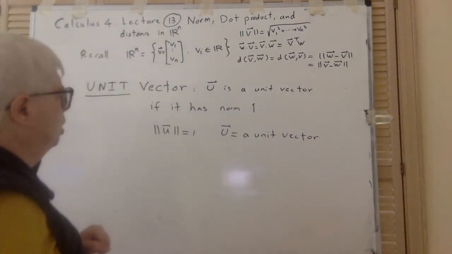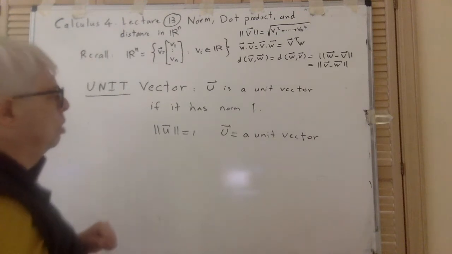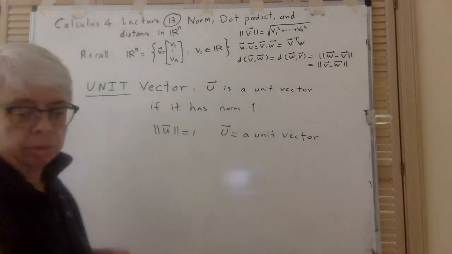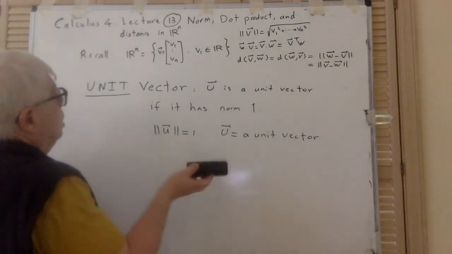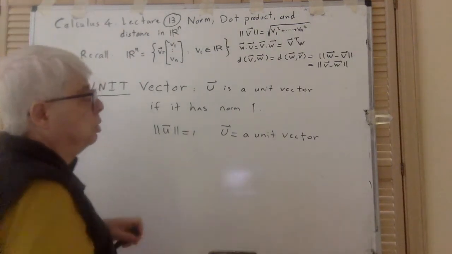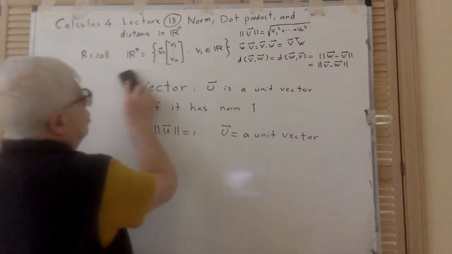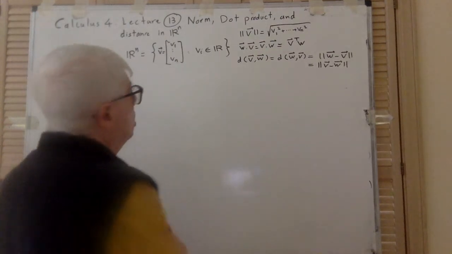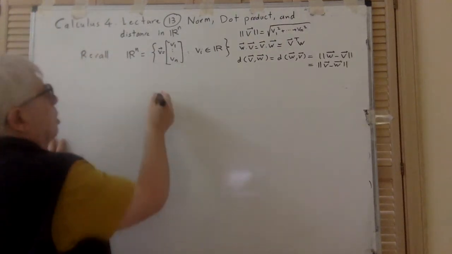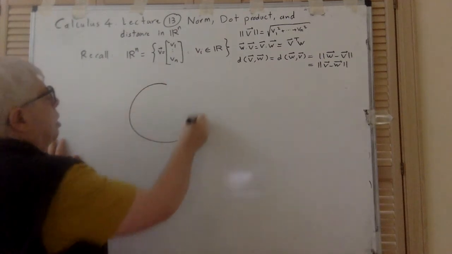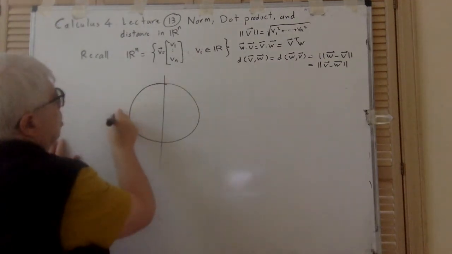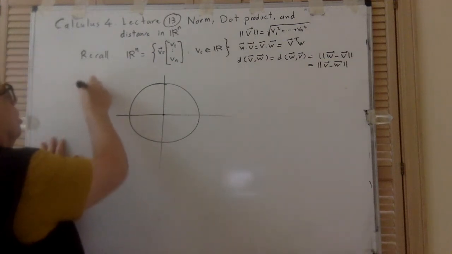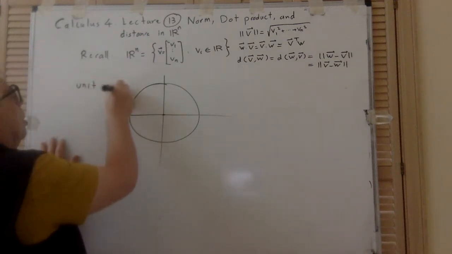Okay, so let's look at some unit vectors in R2, and see how we can come up with unit vectors out of just any vector. In R2, you probably remember the unit circle from pre-calc.